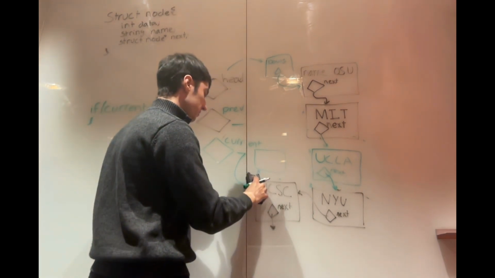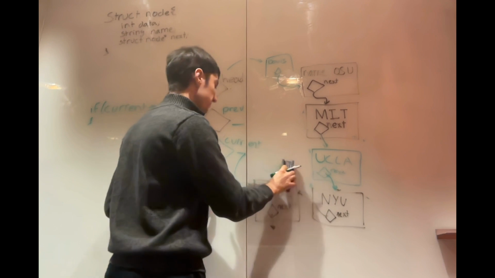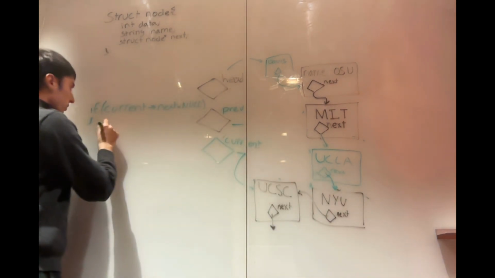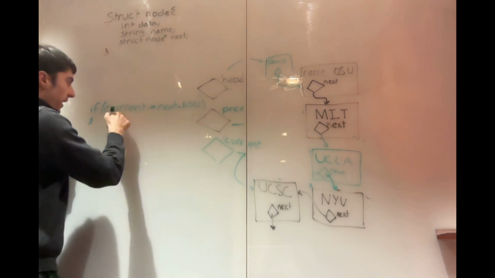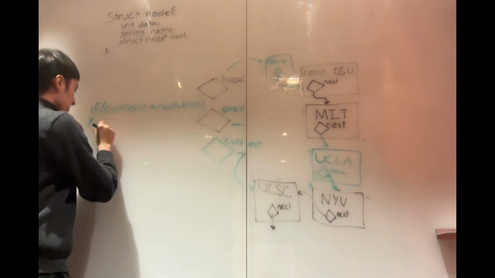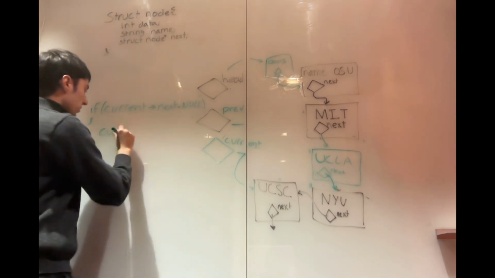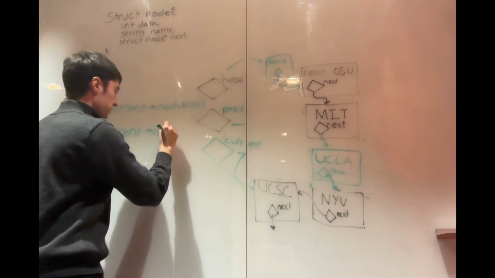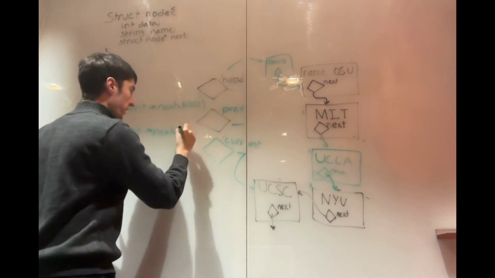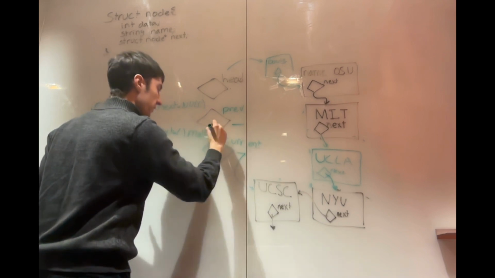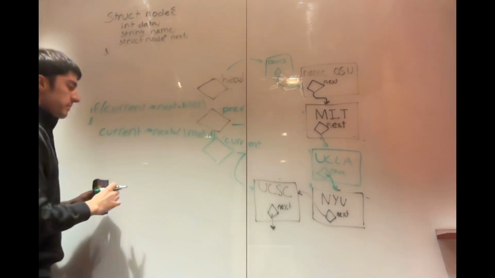Okay, well, let's set that up. So how do we allocate memory? Well, we access current next, so current next equals cast, malloc, and then sizeof operator.